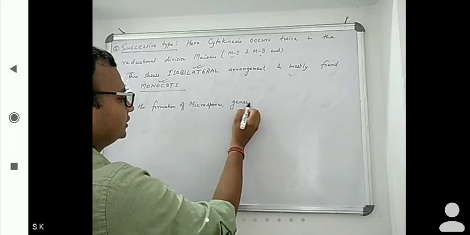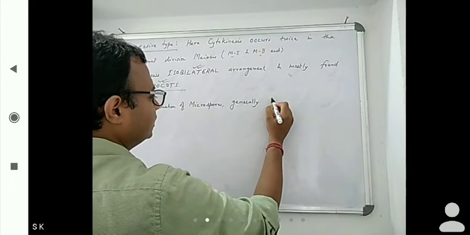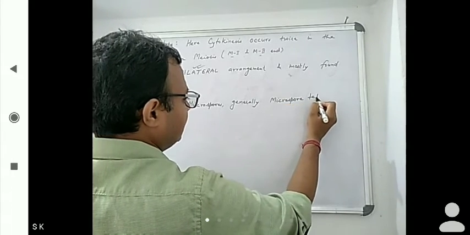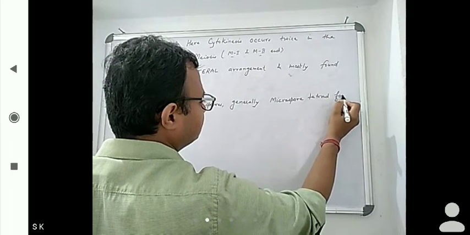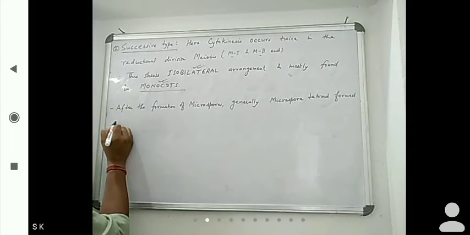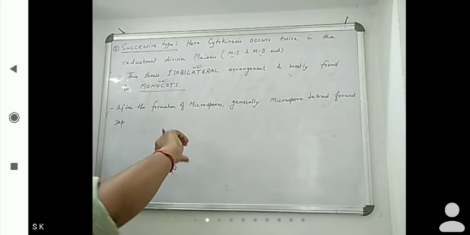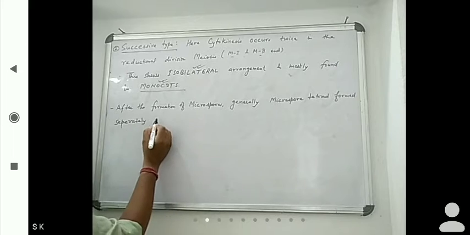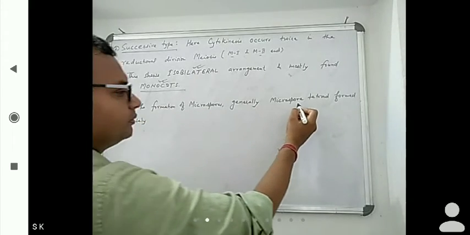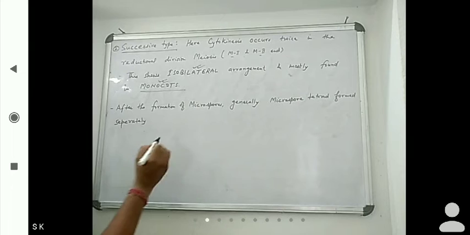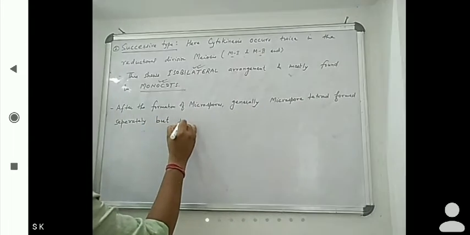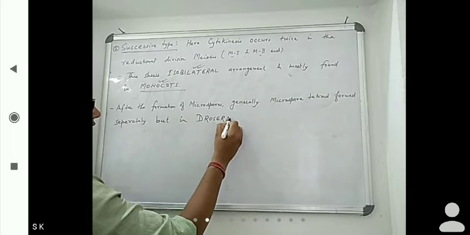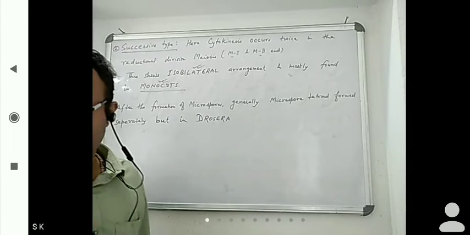generally what happened, generally microspore tetrad formed separately, means these spores become separated from each other separately. Okay, after the formation of microspore, what happened, microspore tetrad formed separately, but in Drosera, this you have to remember the example where I told in Drosera.